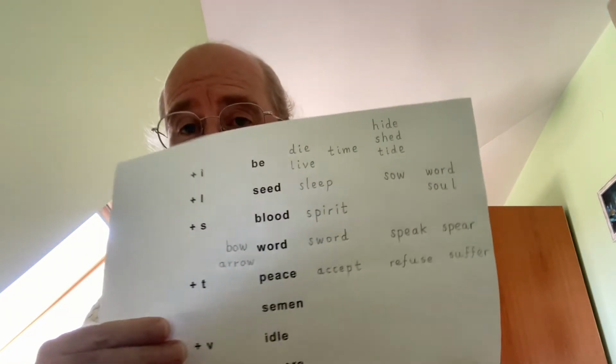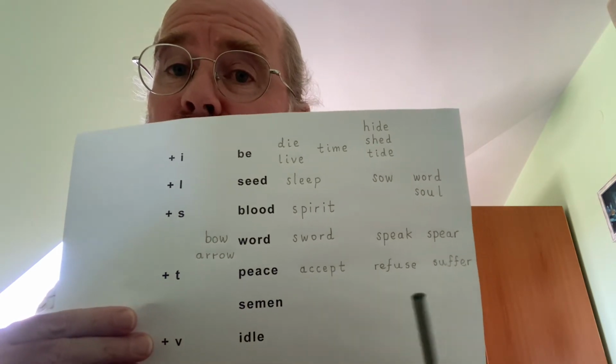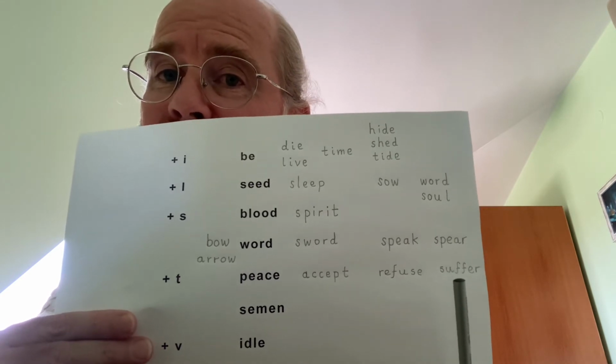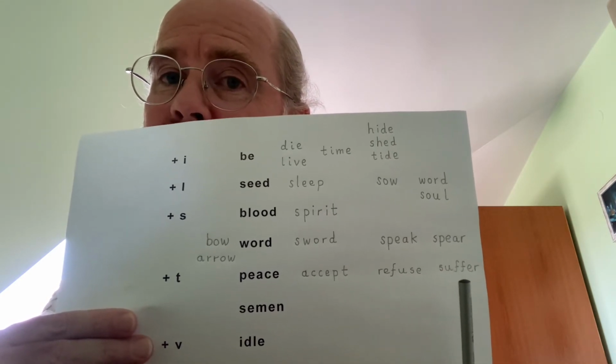And the opposite of accept is refuse. Now, if you refuse, then I think the connection here is suffer. Refuse and suffer have exactly the same letters, except that in refuse we have two E's, in suffer we have two F's, but the letters are the same.